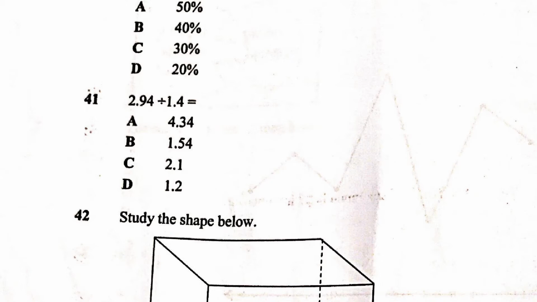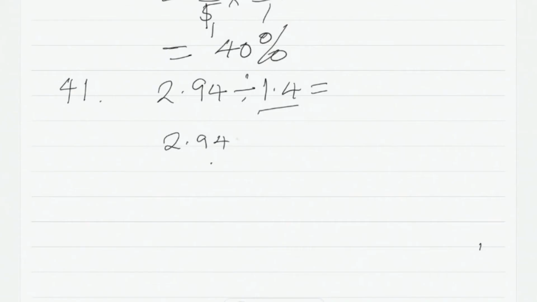When you are given a division question involving decimal fractions, the first thing you have to do is make sure the divisor is made into a whole number. And how can we make it into a whole number? We have to multiply it by a certain number.